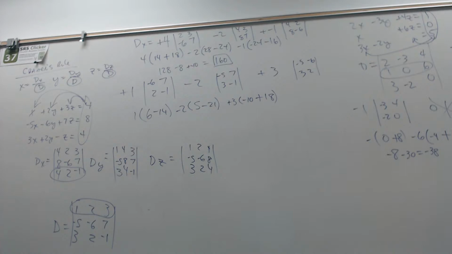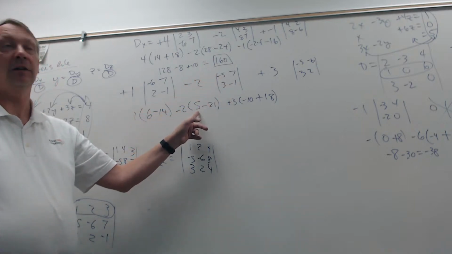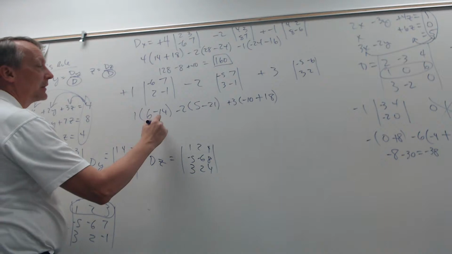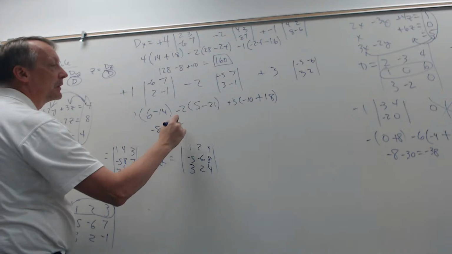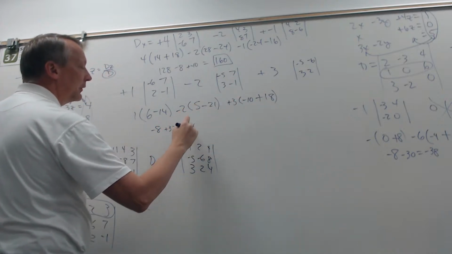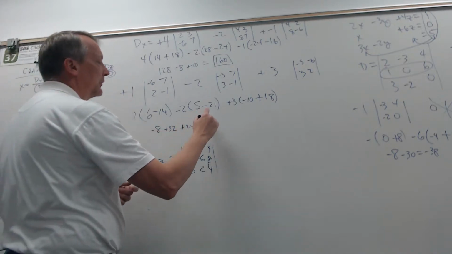How is it 5 in the middle one? -5 times -1 is +5. Oh, it's times. Okay? All right, so this becomes 6 minus 14 is -8. 5 minus 21 is -16 times -2 is +32. -10 plus 18 is 8 times 3 is 24. So 32 minus 8 is 24 plus 24 equals 48.